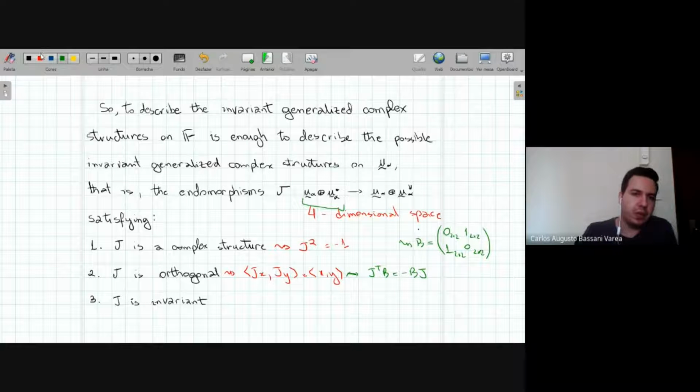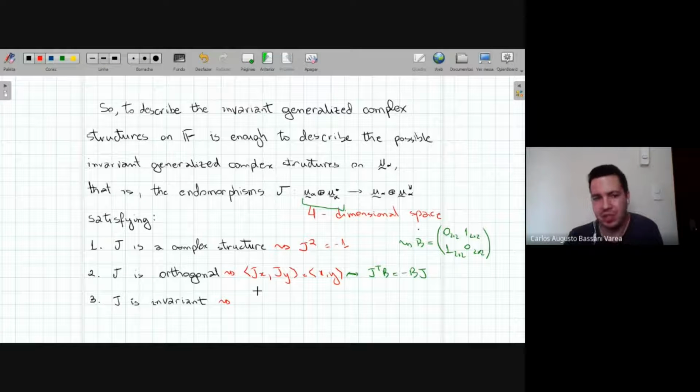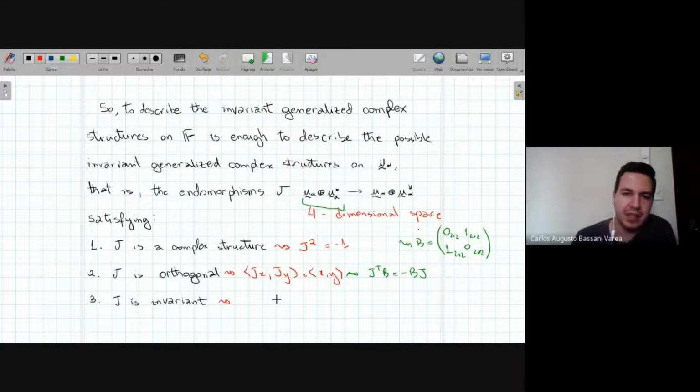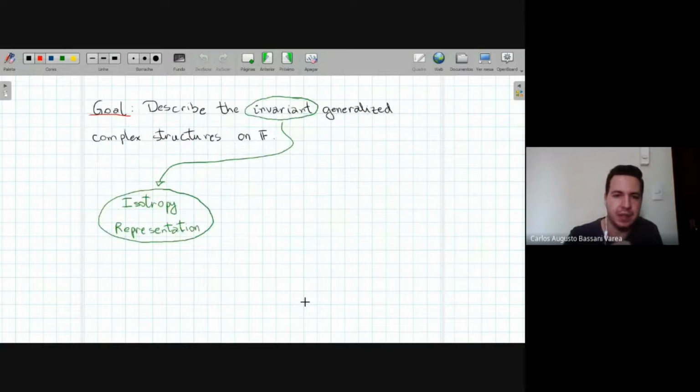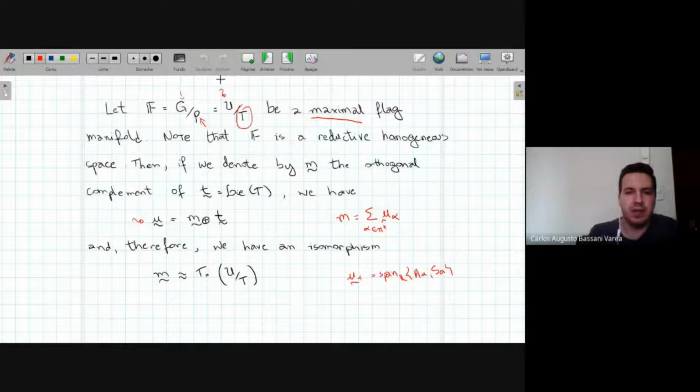And we need J to be invariant, and invariant under the isotropy representation, which is equivalent to the adjoint representation. And more than that, since we are working with a maximal flag manifold, it's equivalent to the torus action, because we are working on the compact real form under a maximal torus.